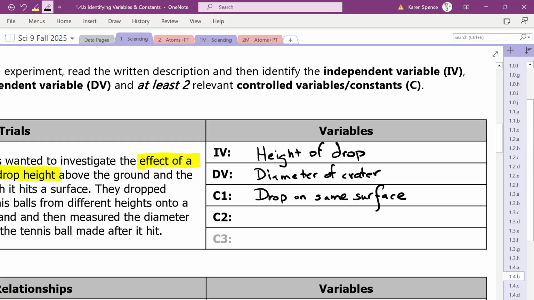What could be another thing that you have to control? Yeah. The type of ball. Yep. Anyone have a third one? Yeah, Spencer. The depth of the sand, yes. Paul, did you have another one? Oh, you were going to say depth of sand. Oh, Spencer stole it. That's okay. All right.